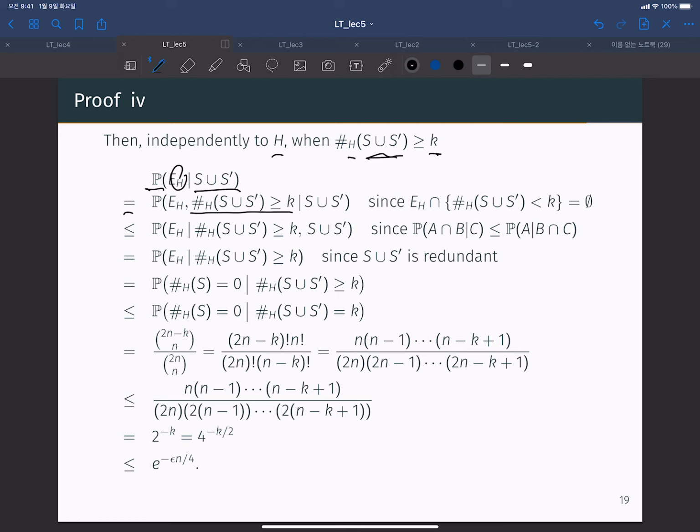And from this property, when we move one of this condition to this side, then we have this inequality.